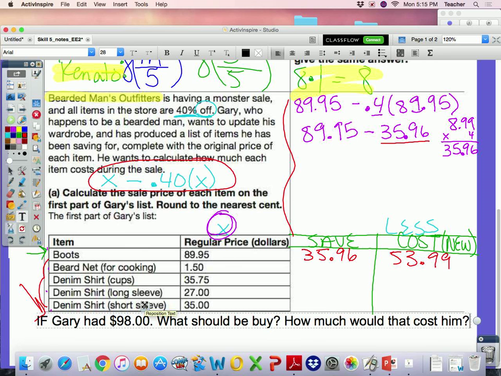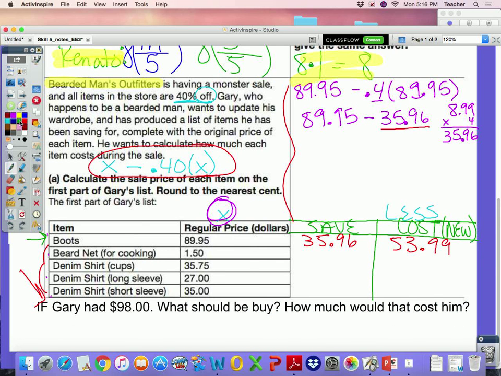But how much would it end up costing him? So we're going to go over this question first thing tomorrow. Do not forget that question. All right, go.